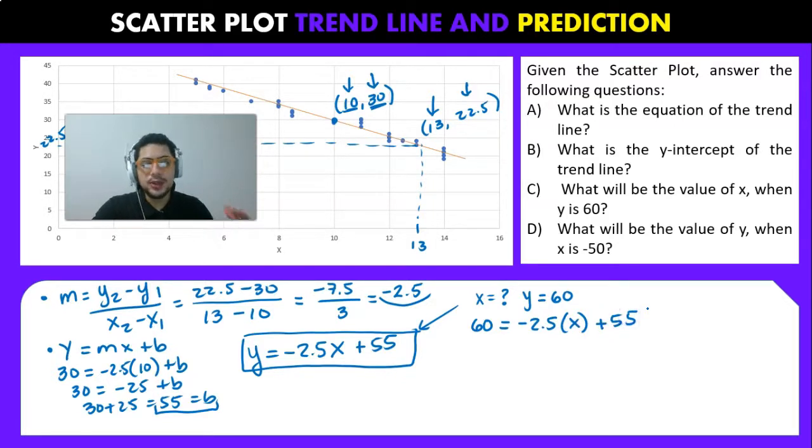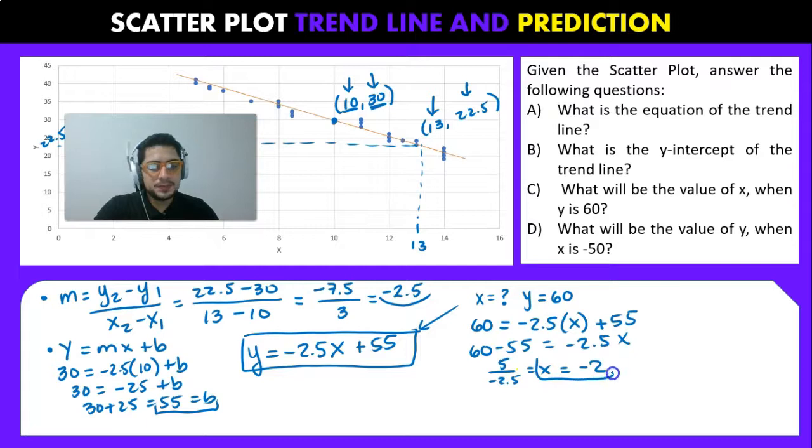And then we just solve for x. So we isolate x. So 60 minus 55 is equal to minus 2.5 times x. So 5 divided by minus 2.5 is equal to x. So x is going to be a value of minus 2. Okay, so when the value of x is minus 2, our value of y is equal to 60, right?